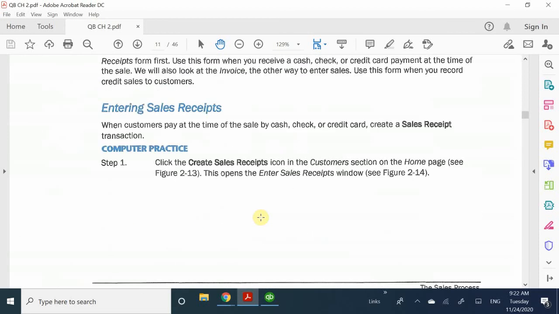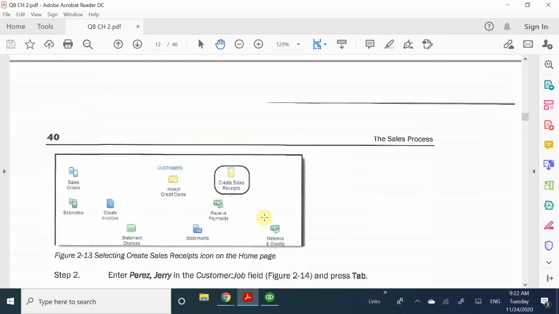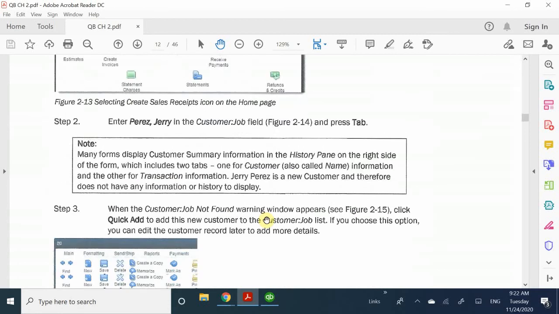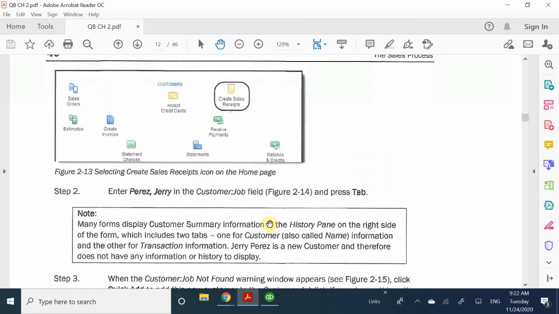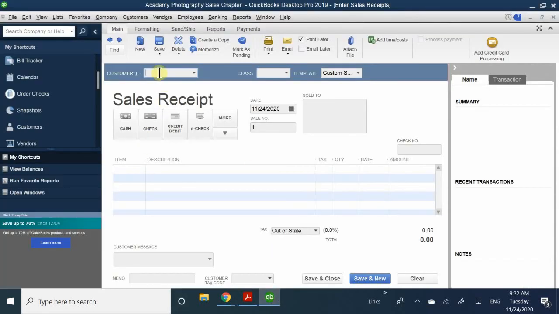Okay, so we're going to create a sales receipt. I'm sorry, guys. So you guys can create a sales receipt here. So let's see who we're going to create the sales receipt for. So I have Jerry Perez. Okay.